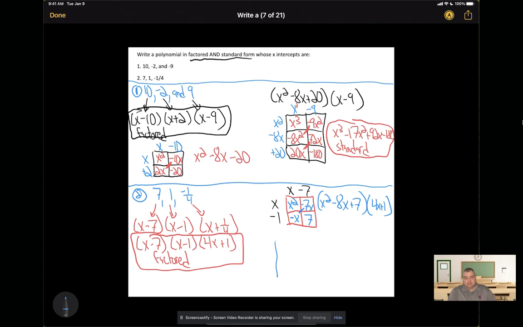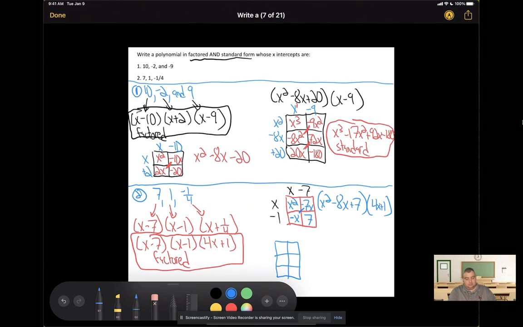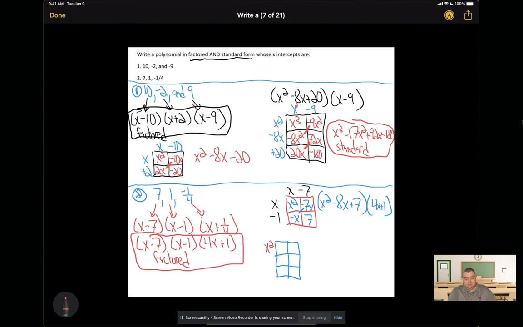So now let's do a 3 by 2 box. So we have x squared minus 8x plus 7. And I have 4x plus 1.